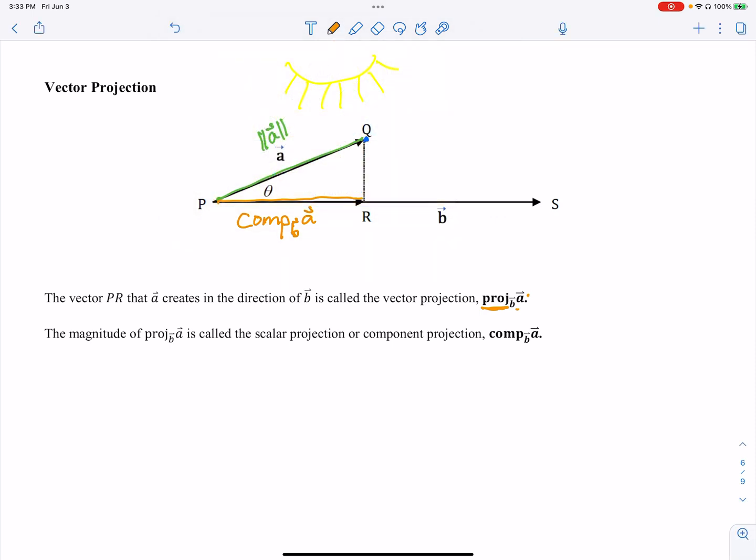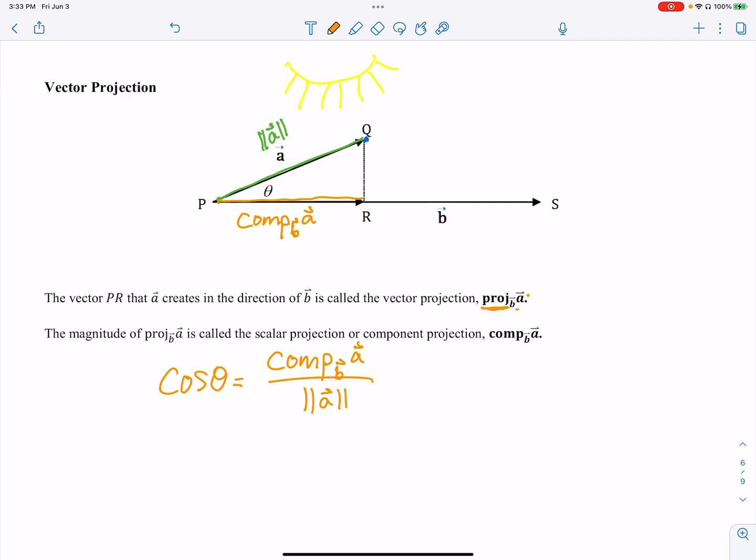Cosine is adjacent, which is the comp of A onto B, divided by the hypotenuse, which is the magnitude of A. That's just trig: cosine is adjacent over hypotenuse.